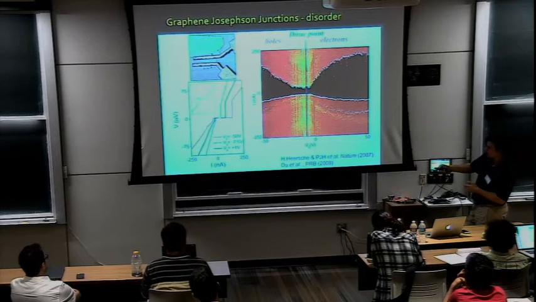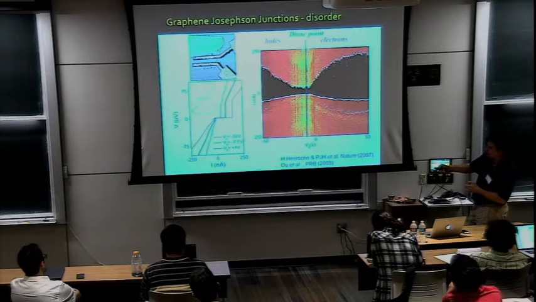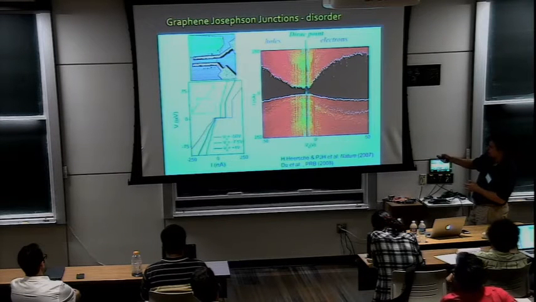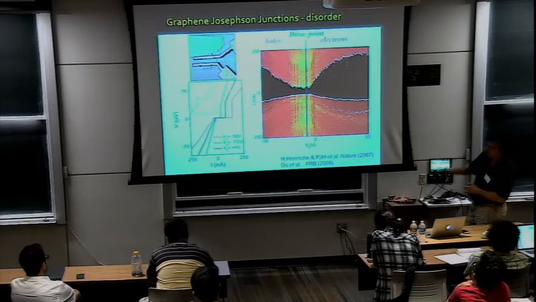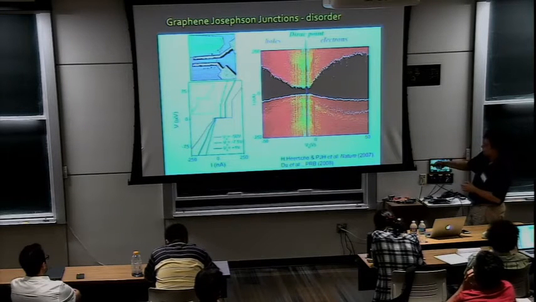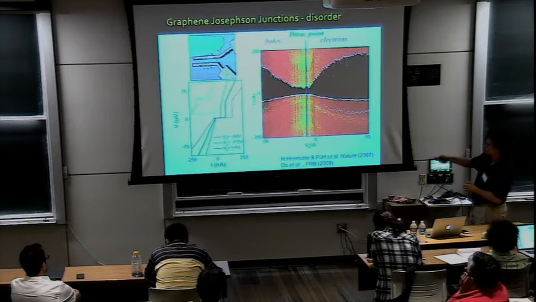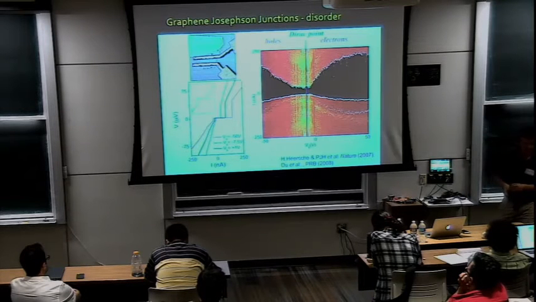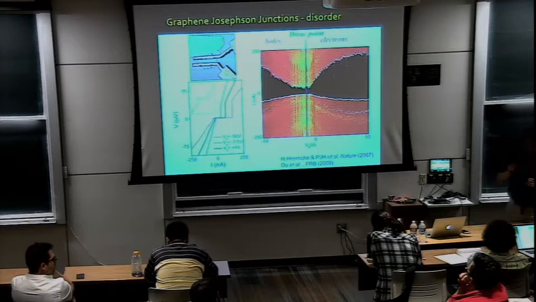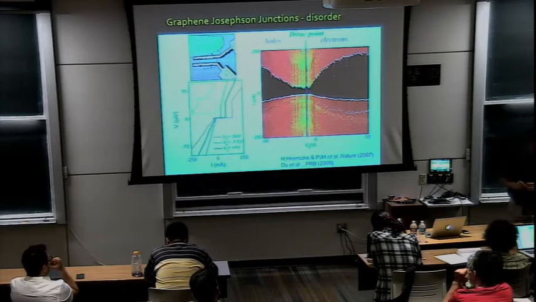You see a region of 0 voltage drop, which means zero differential resistance, that's that region, and then the resistance increases. At high gate voltage, for example minus 50 volts, you have a larger supercurrent. That's why this region of supercurrent is larger. But you said black is conductive? No, it's differential resistance. So zero differential resistance means supercurrent. Okay, thank you.